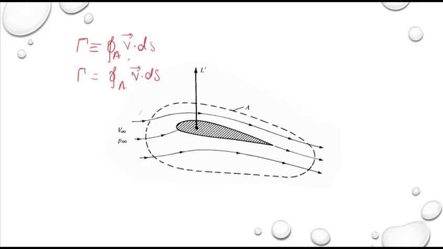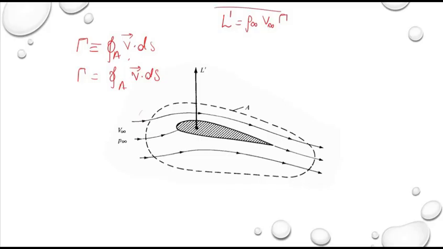of V dot ds. At the end of our previous video, we had seen the expression for lift per unit span, which is given by rho infinity V infinity gamma.